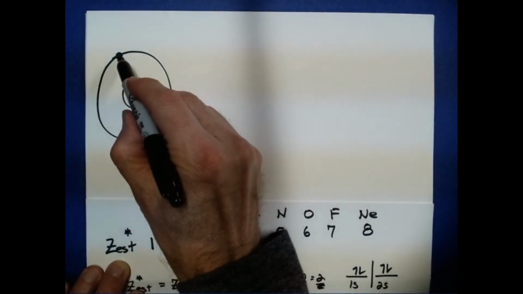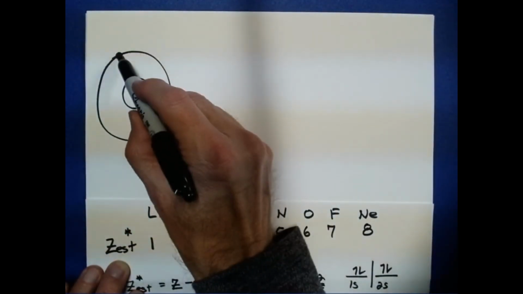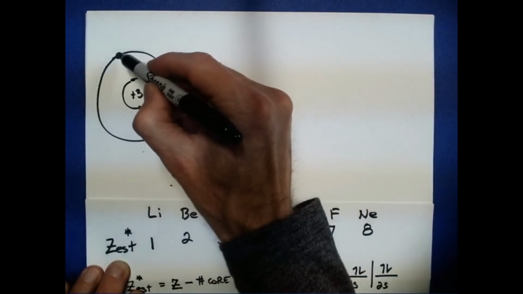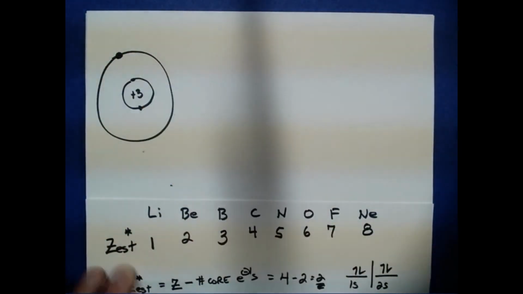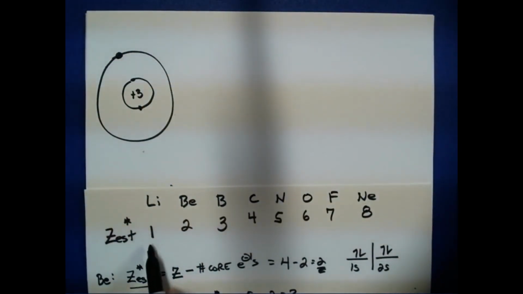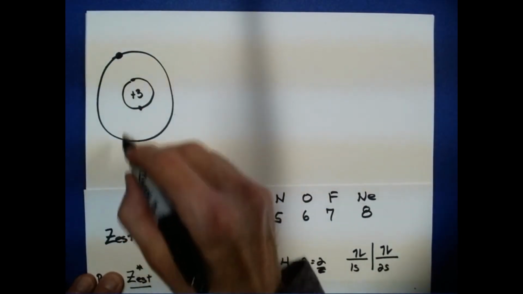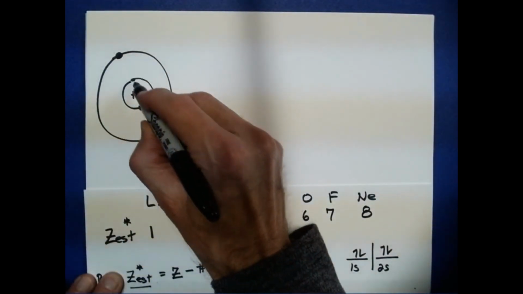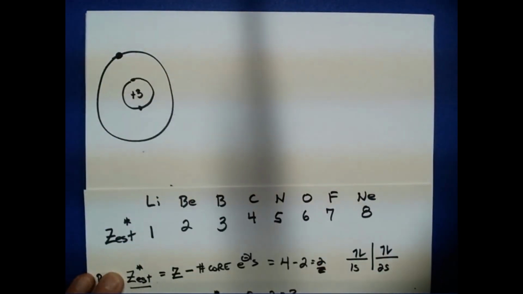This is the valence electron, and we want to know what is the charge on the nucleus that this valence electron experiences. We see it's got a Z star of 1. So in a sense, this electron feels like it's being attracted to a positive 1 nucleus. And that's not a very strong attraction.